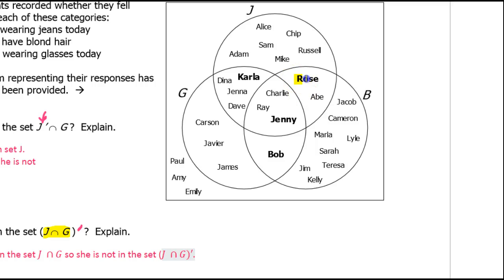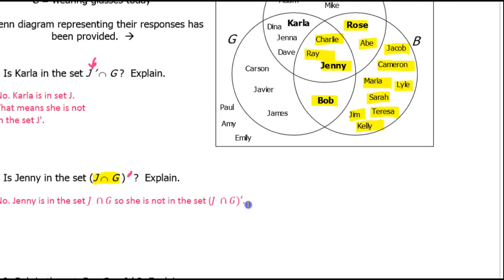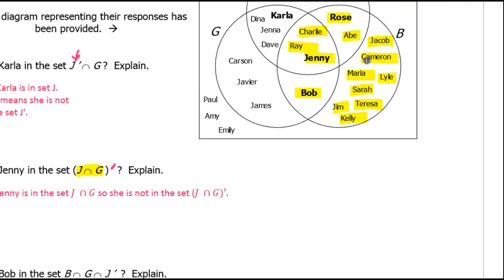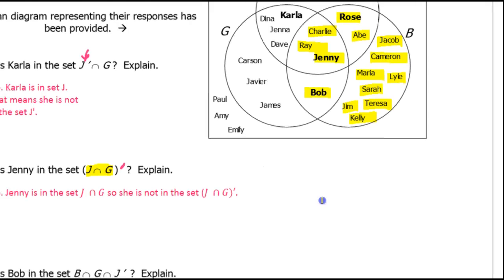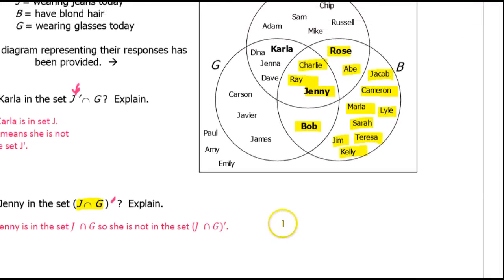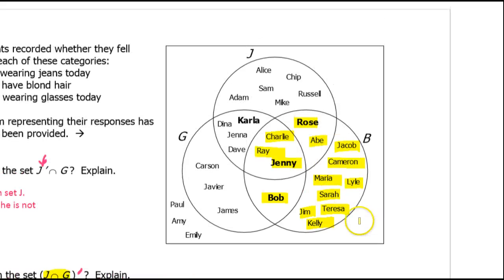All right, here are all the names that are in set B. I'm just going to highlight all of them. All of these people are in set B. Okay. Now, this is an "and" problem, so I'm only going to erase names off the list from here. So far I've done this. So now I want to say and set G. So, which of these names are also in set G?